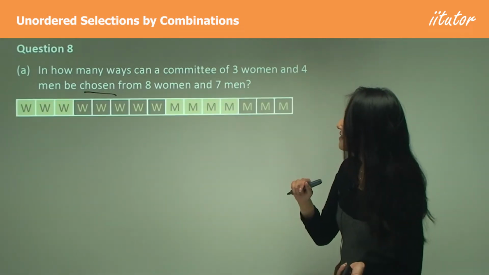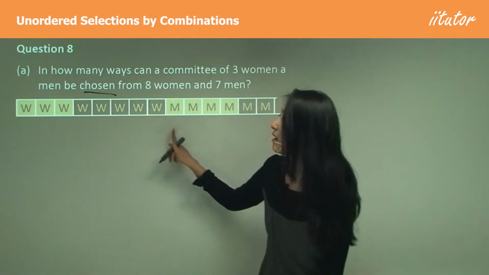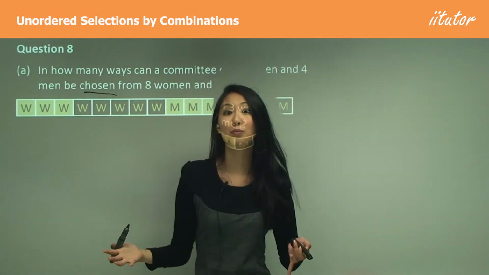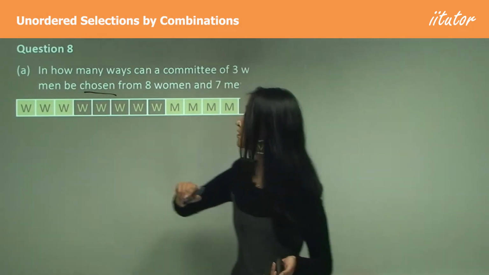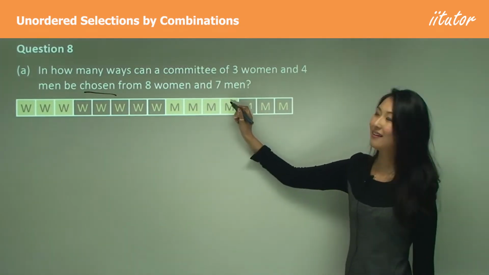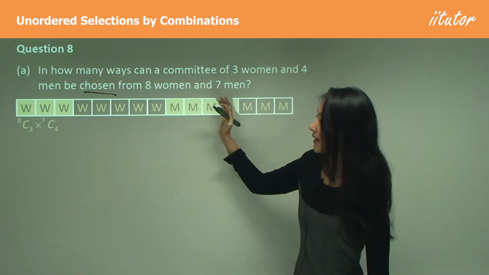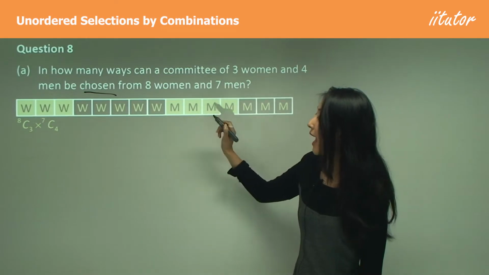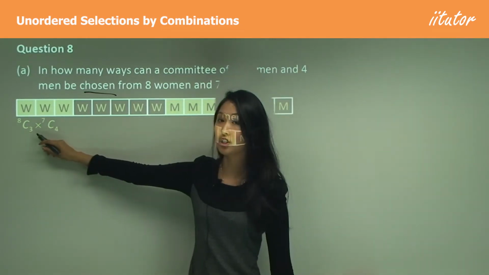If there's 8 women, I'm going to be selecting 3 of them, but it doesn't really matter who gets selected where. Just 3 of them are getting chosen. And then out of 7 men, 4 of them are getting chosen. So we work it out by considering the women and the men. Out of the 8 women, 3 are chosen.